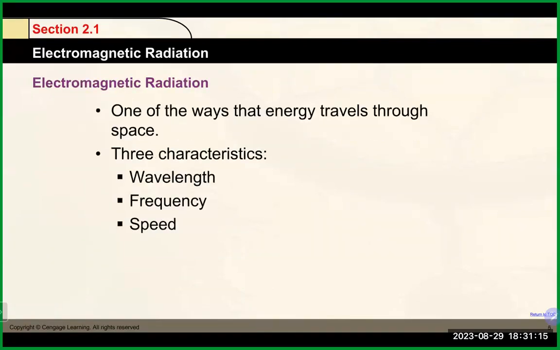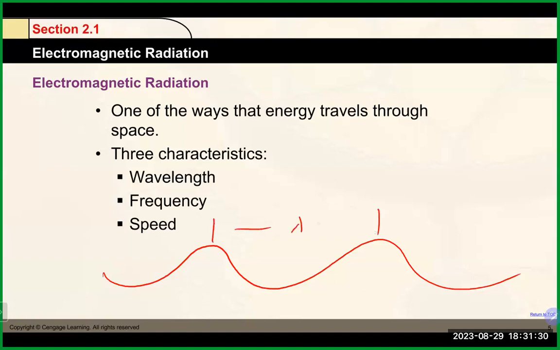So electromagnetic radiation, which is how energy is moved through space, moves in the form of waves. And when we talk about a wave, there are several characteristics of a wave. There is the wavelength, which is between two peaks or two troughs. There's also the frequency of a wave, which is how many times in a second a wave passes a particular point.